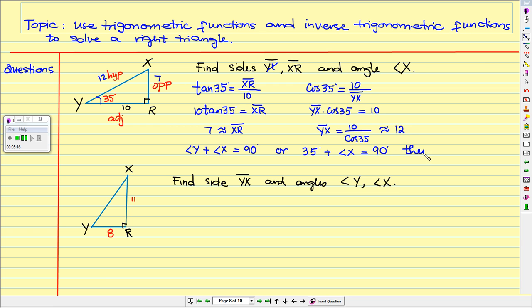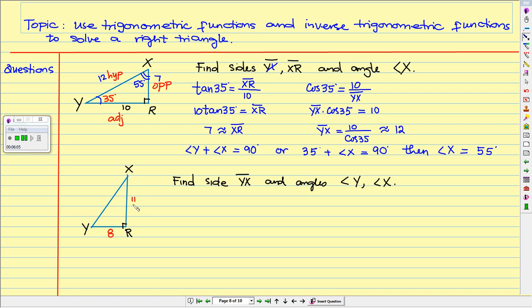Now we can solve for X by subtracting 35 from each side, so the angle X is 55 degrees. Now we found all angles inside the triangle, and we also found all three side lengths. So let's move on to the second example.